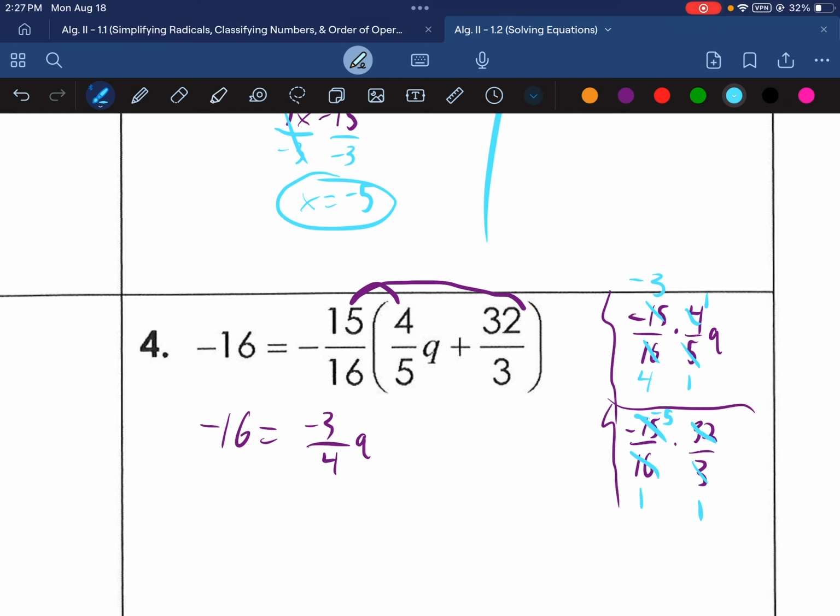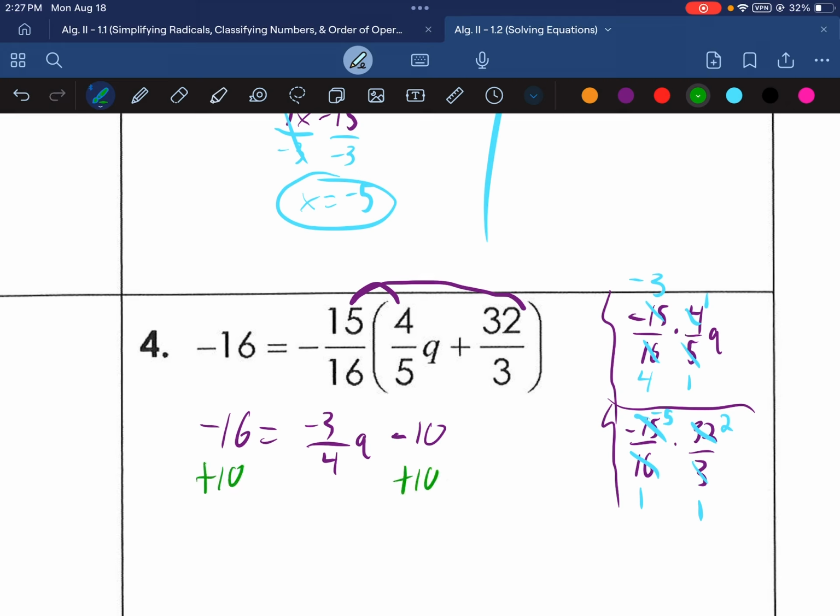And 16 and 32, 16 goes into 16 once and 32 twice. So now multiplying straight across gets me negative 10 over 1, or just negative 10. Writing this work off to the side can do a lot to help our problem stay cleaner and more organized here, and make the fraction seem a little bit less intimidating.